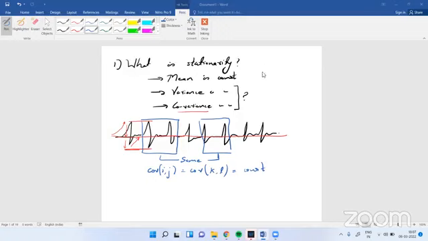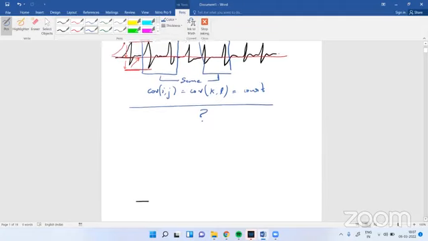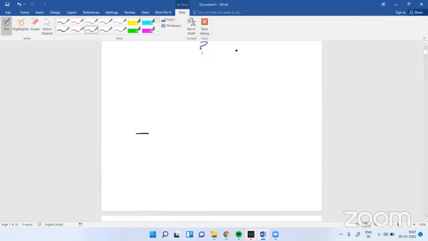Now, this is the idealistic situation which everybody wants. But what to do when I don't have stationarity?